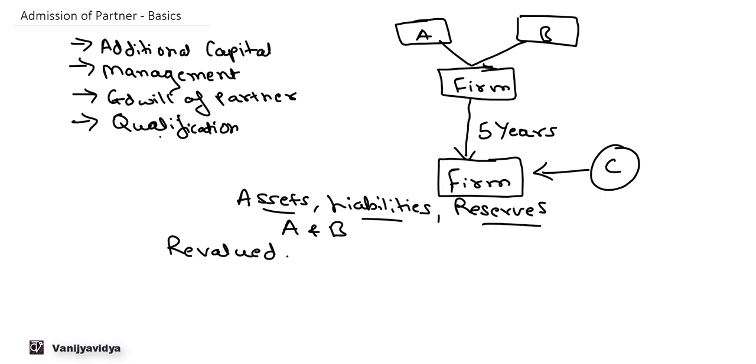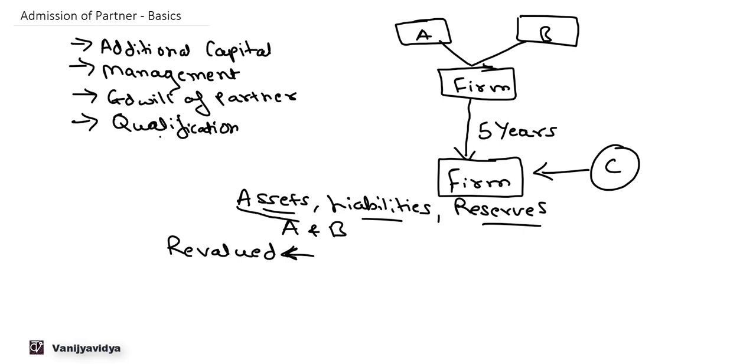See, there is a possibility that some assets or liabilities might be undervalued or overvalued. So, before C is admitted into the partnership firm, these assets need to be revalued, because if an asset is overvalued or undervalued, there is a loss or profit on revaluation of the assets and liabilities.